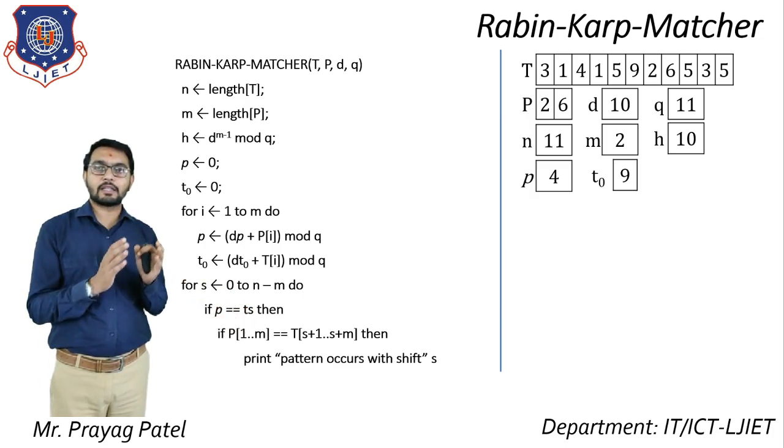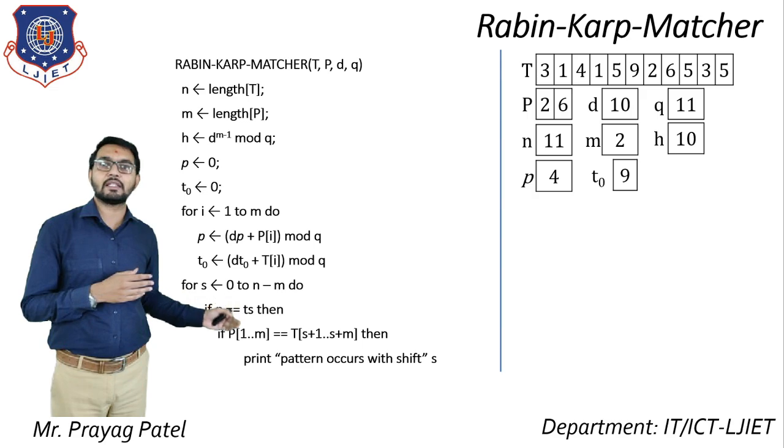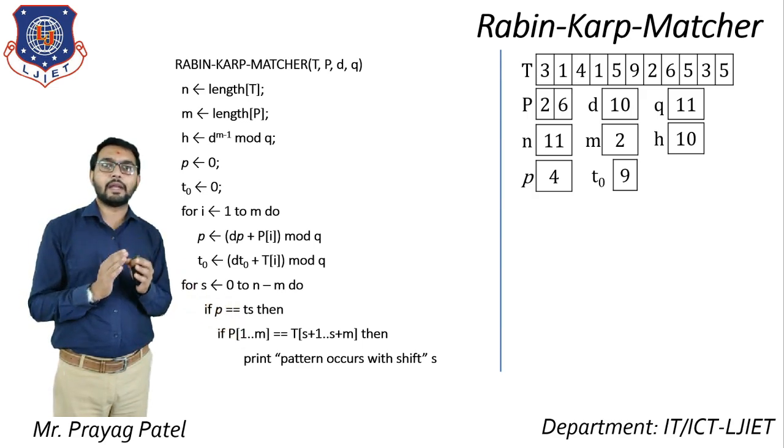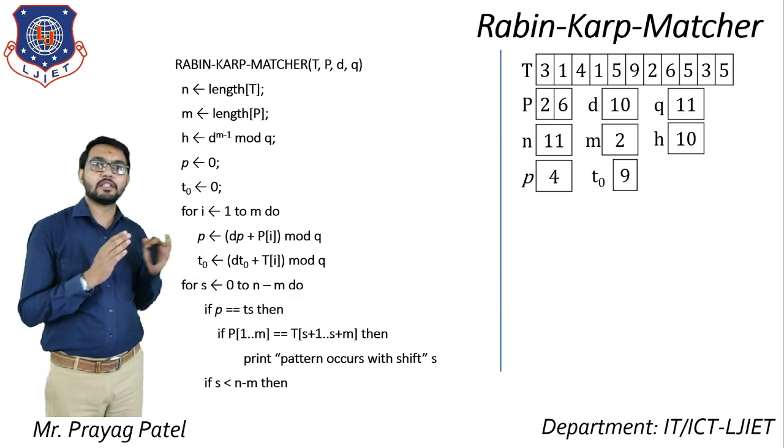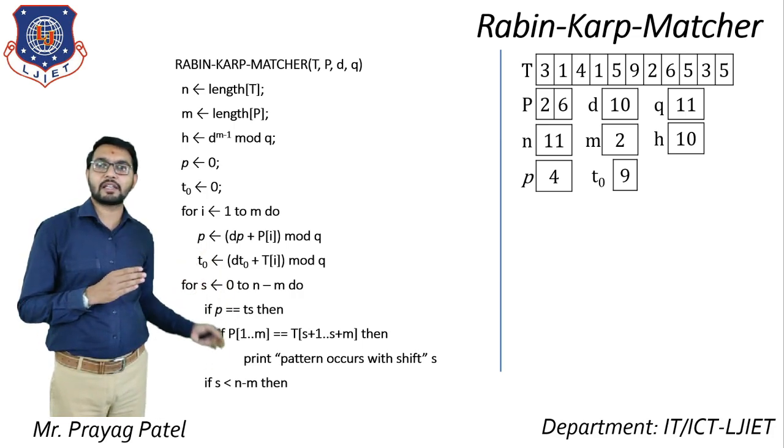Now if the whole text is matched with the pattern, then we can say that the pattern occurs with the shift s. If the pattern is not matched, then we consider the next part.